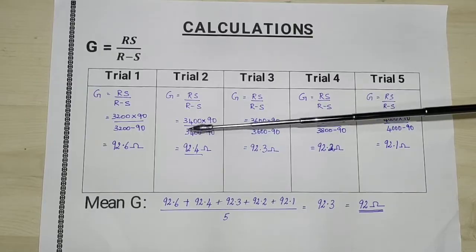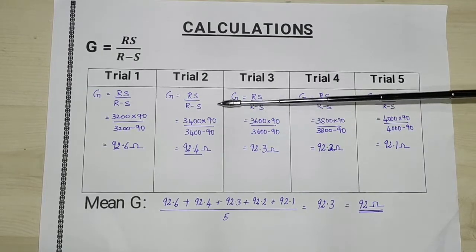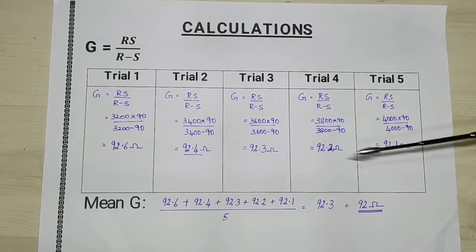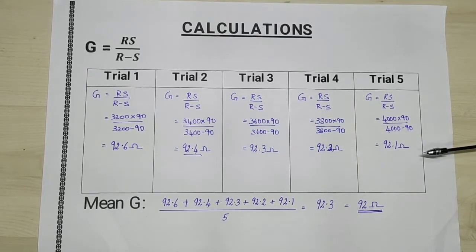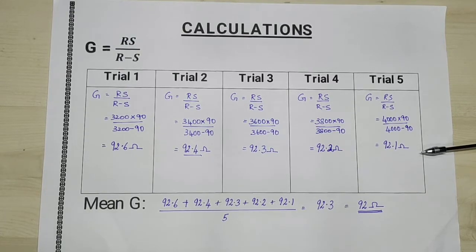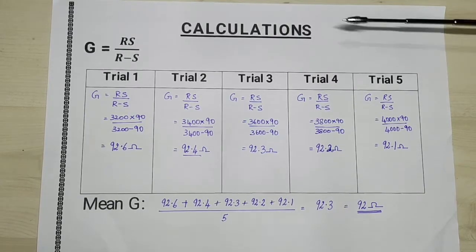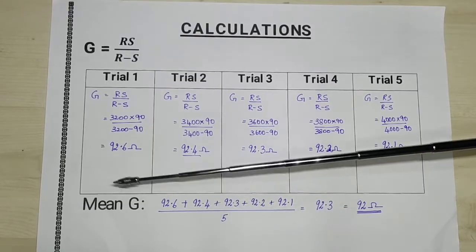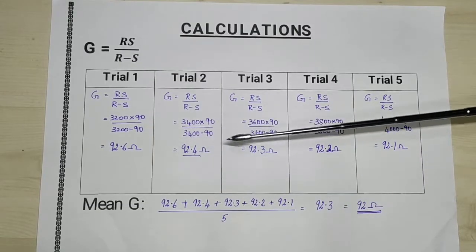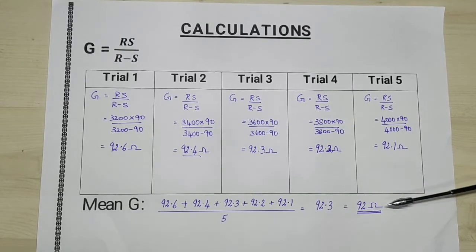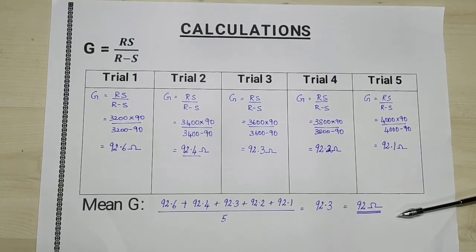Subsequently, we use different values for R, and of course for all trials we got S as 90. So after substitution we get these values. For the simplification, you could just use a rough column, but the formula, the substitution and the result need to be shown under calculations. Then mean value of G, you take all the 5 values and divide it by 5 and you get 92.3 ohm, which is equal to 92 ohm.